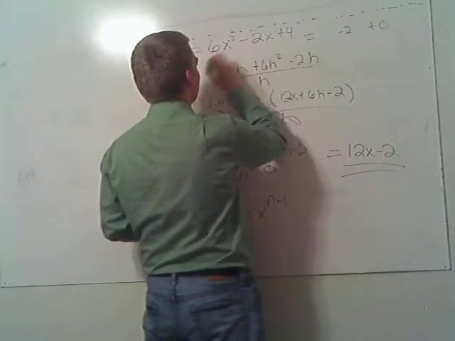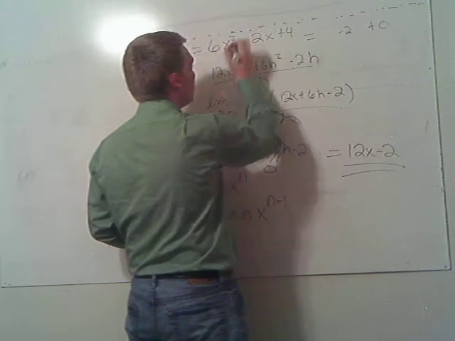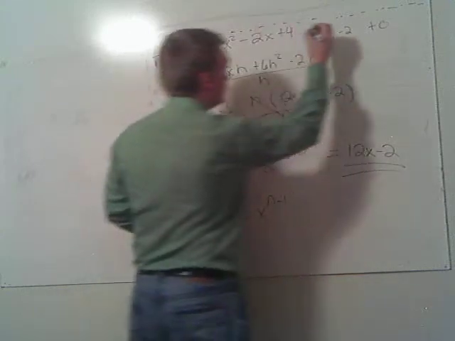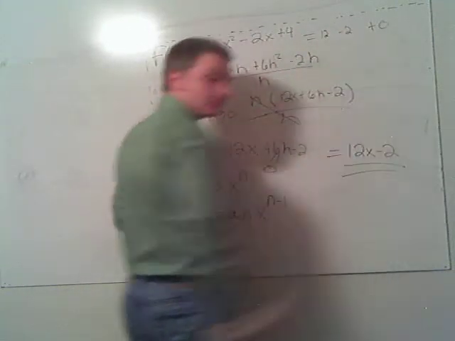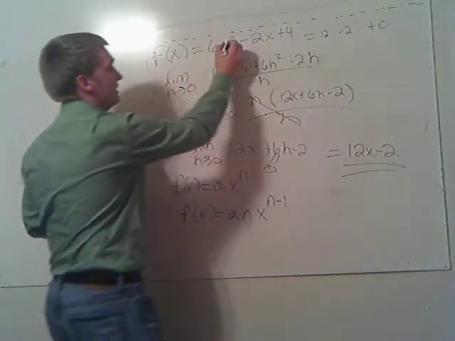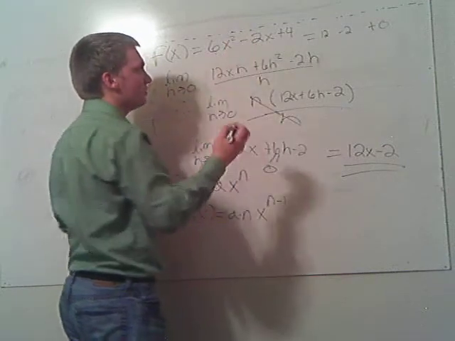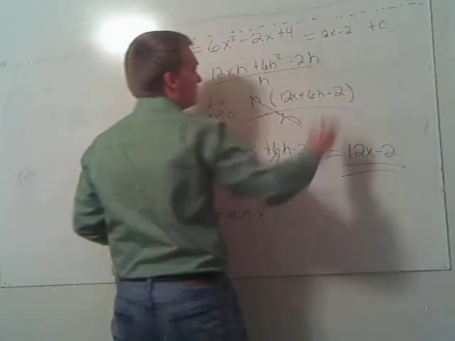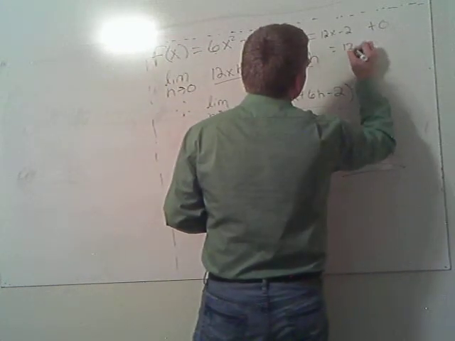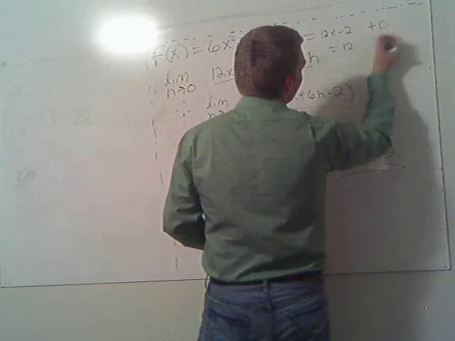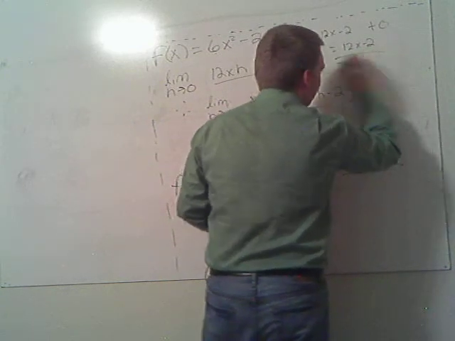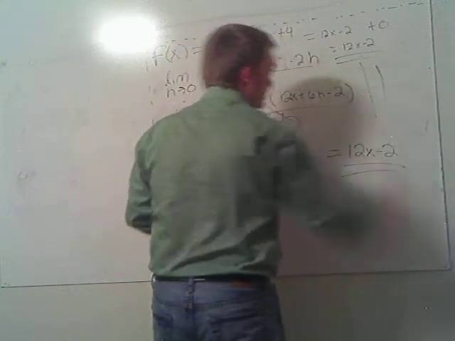So let's do this one. 6 times 2, because that's what that power is, 2, is 12. Well, 2 minus 1 is 1, so we could just say that's x. And isn't that the same thing?